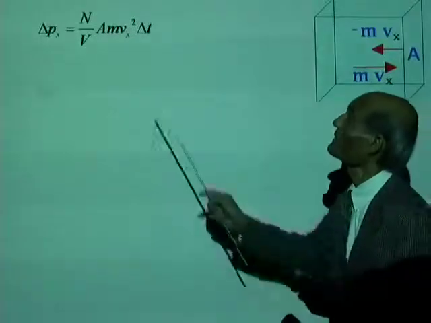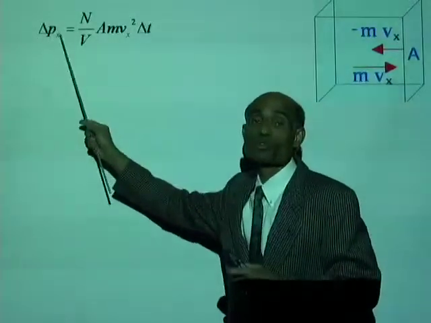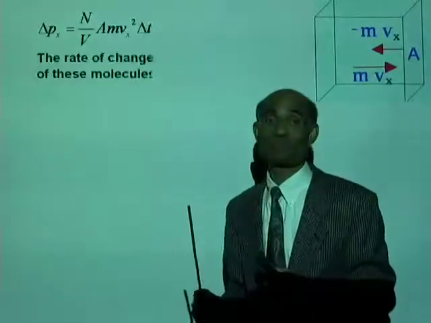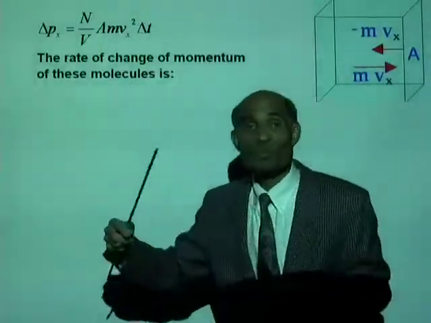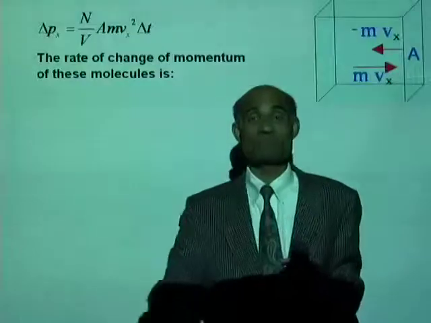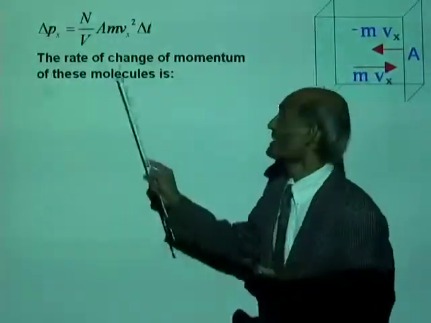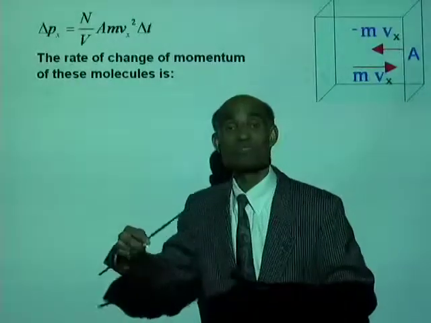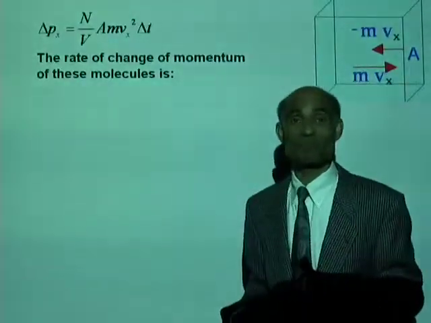Alright, so this is a measure of the total change in momentum during this time interval. Therefore, what is the rate of change of momentum of these molecules? The change in momentum divided by the time represents the rate of change of momentum.